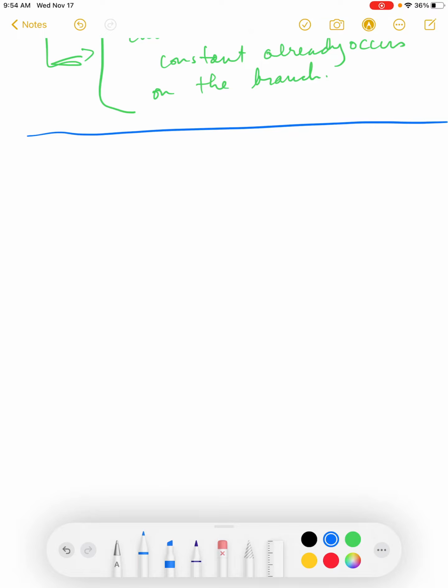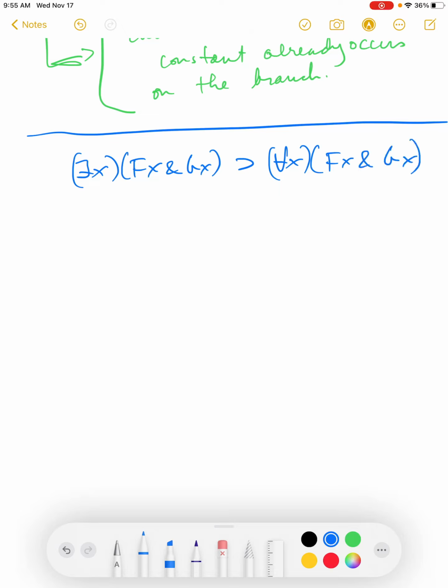Suppose that we have a set that has just one member, and that sentence is, there is an X that's both F and G, horseshoe, everything is F and G. So it says if there's at least one thing that's F and G, well then everything is F and G. If there's at least one thing in the universe that's F and G, well then everything in the universe is both F and G. And we want to see whether the set that has this as its only member is quantificationally consistent.